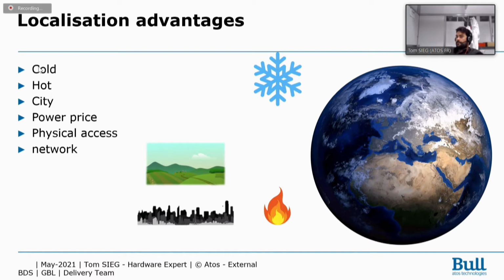So it's another aspect. And the last aspect is the network connection. Of course, if your office is at the same place as the data center, you will be able to connect to it quickly and manage it quickly with an efficient network, but in many cases you will have to connect remotely.